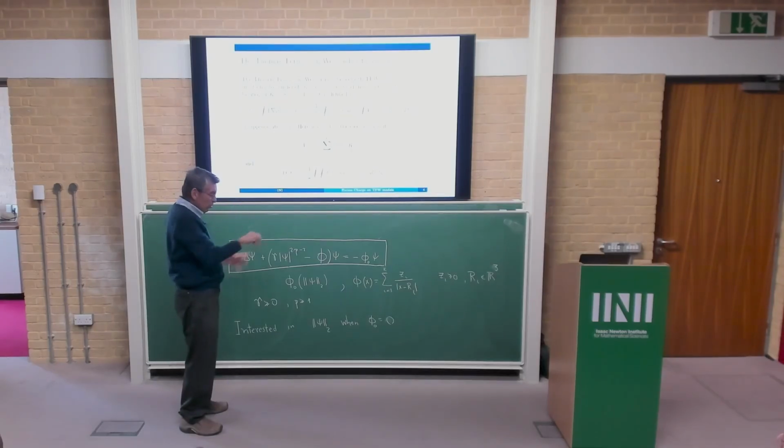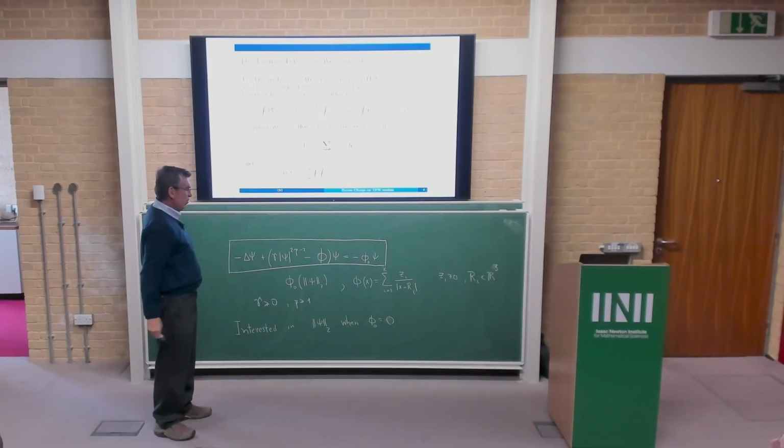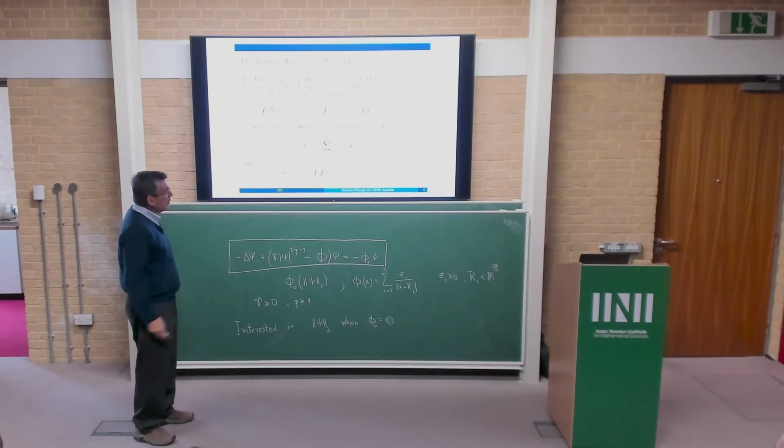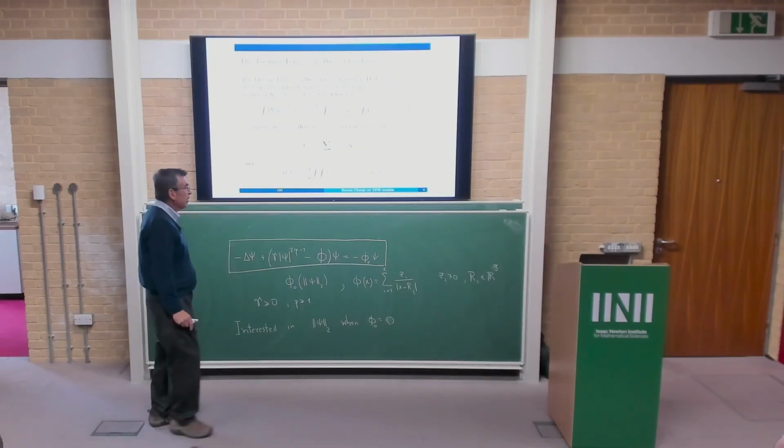You have the Schrödinger equation for an n particle model, and you take a function psi, which is in the fermionic state. So it belongs to the antisymmetric tensor product of copies of L2 of R3.